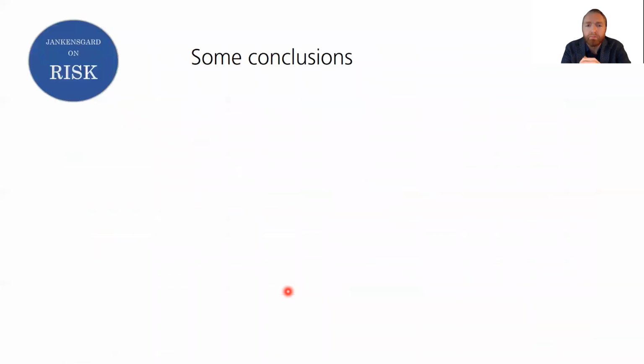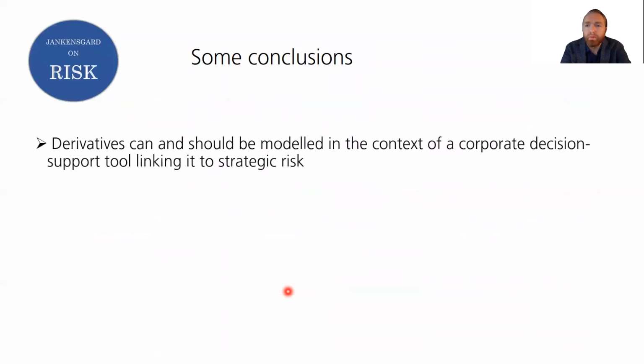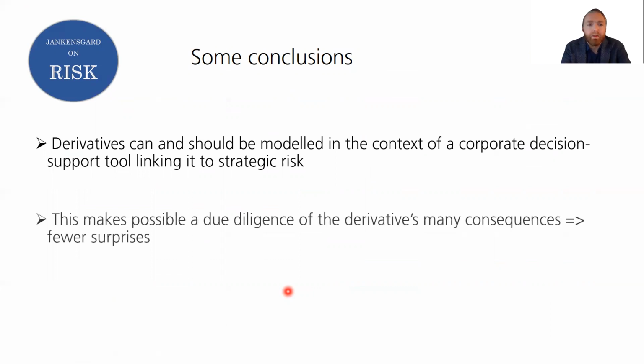So yes, derivatives can and should be modeled in the context of a corporate decision support tool. We link it to the strategic context here, the firm's overall performance and whether or not we're able to meet these objectives that the theory talks of, right? So we can do a fairly thorough due diligence of the many consequences of derivatives, thereby avoiding surprises.